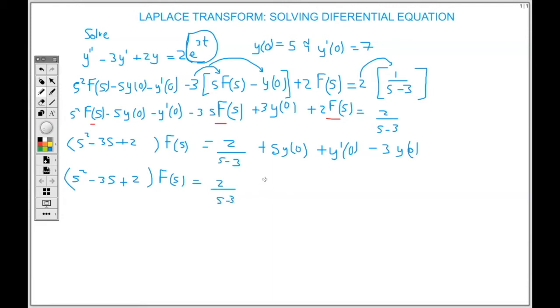Now y of 0, that is 5 based on the condition, so this is the same as 5s. Now y prime 0 is 7 and y of 0 is 5. So 5 times 3 will give us 15. Now simplifying this, 7 take away 15 will give us minus 8. So I am going to replace here with a minus 8.